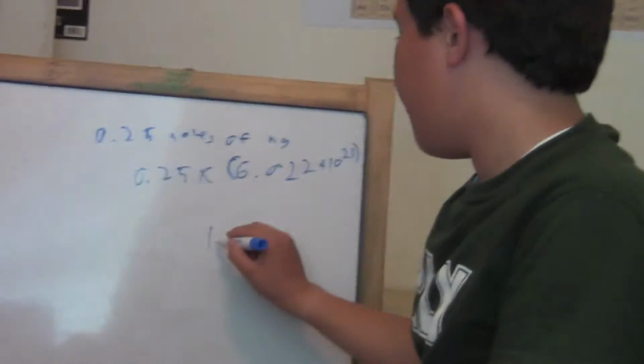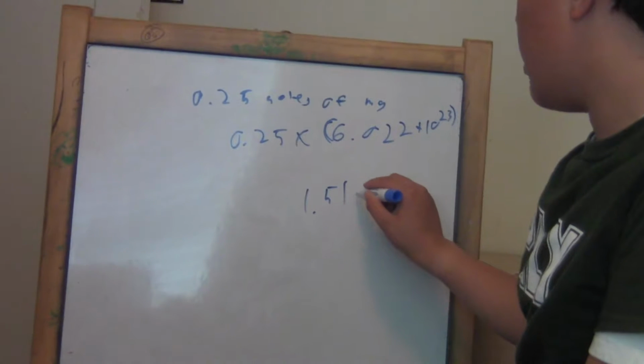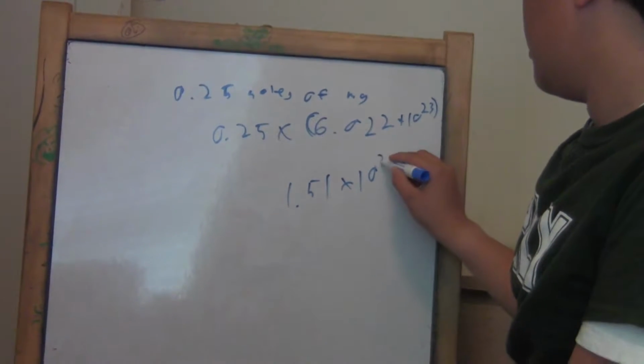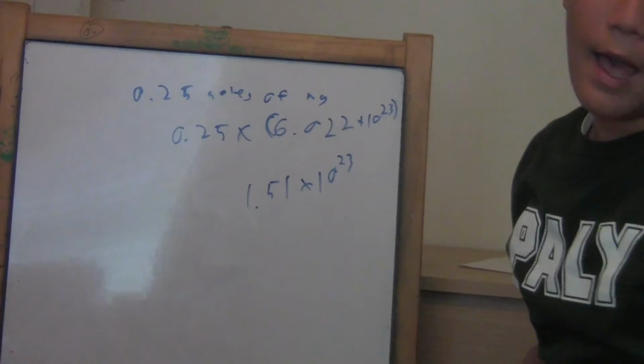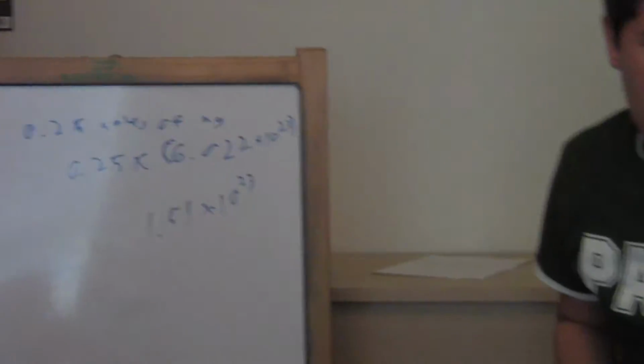And then after that, in the end, we get 1.51 times 10 to the power of 23 atoms.